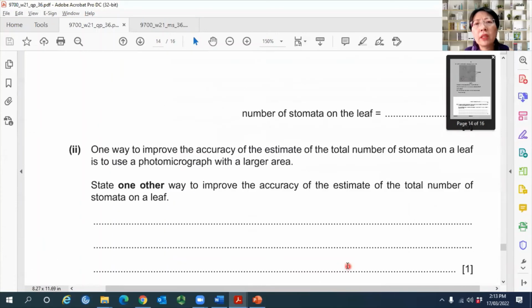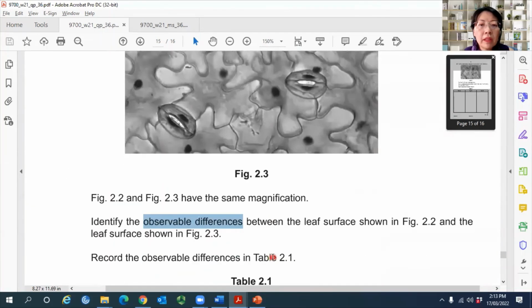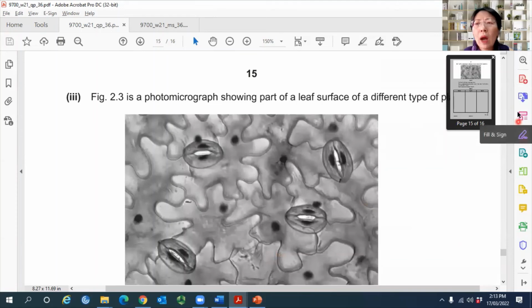If you say the shape of the cell, unless you can tell me what's the difference between the shape of the cell, like the shape of this epidermal cell here and this epidermal cell is very different, but how are you going to describe? If you can describe accurately, I can give you mark. If you cannot describe accurately, like in the previous class, the student said regular and irregular shape.